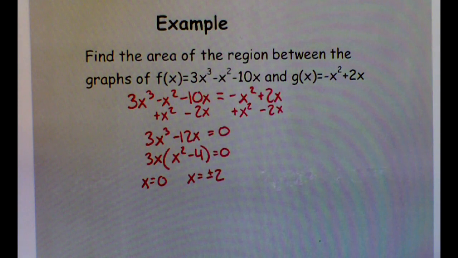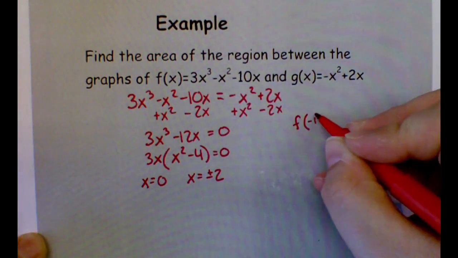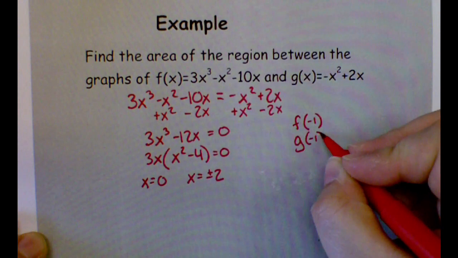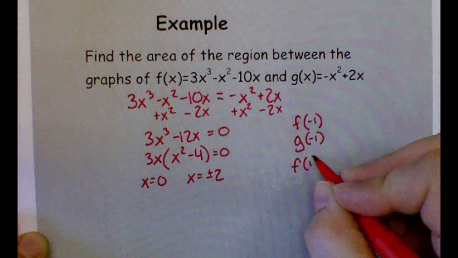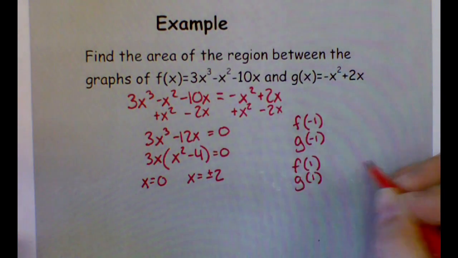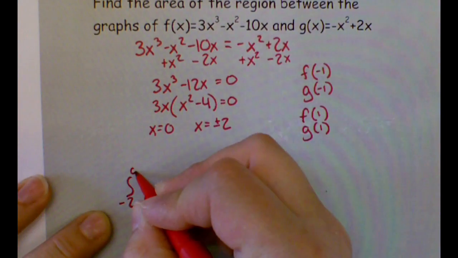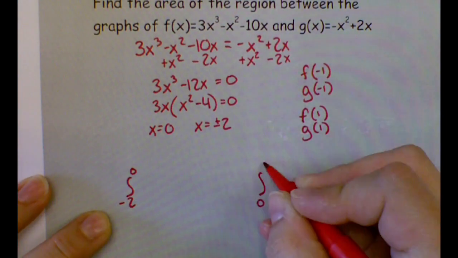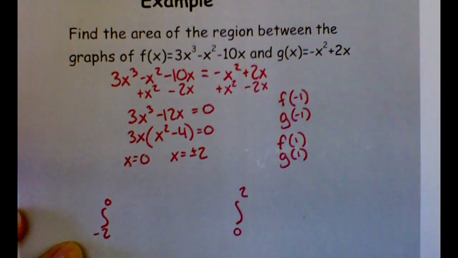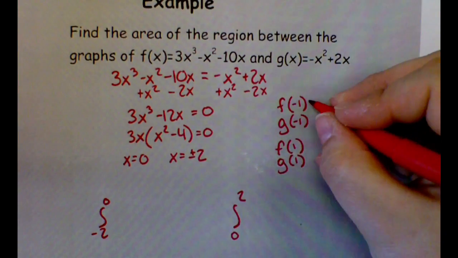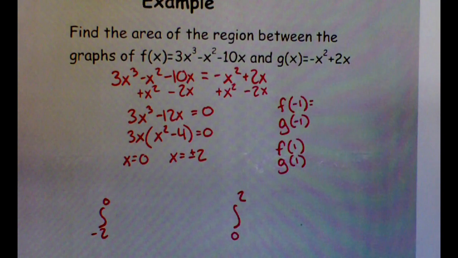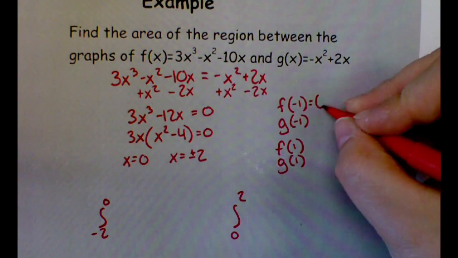All right, now we have to choose in each interval. So let's use negative 1, and let's use positive 1. Because our intervals are going to be negative 2 to 0 and 0 to 2. So f of negative 1, let's see, positive 6.